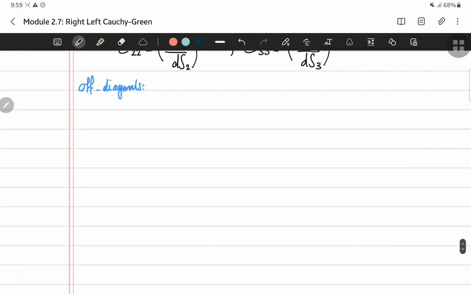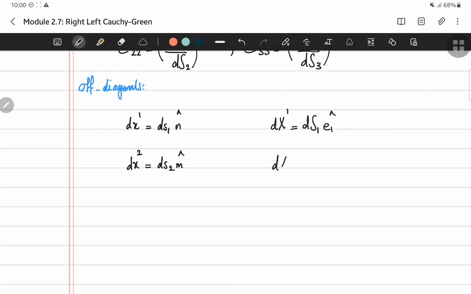So in the off diagonals, we have dx1 equal to ds1 n, for example, and dx2 equal to ds2 m here, because we don't know whether these two elements in the current configuration are perpendicular or orthogonal to each other, but we know that in the reference configuration, dX1 = dS E1 and dX2 are orthogonal.